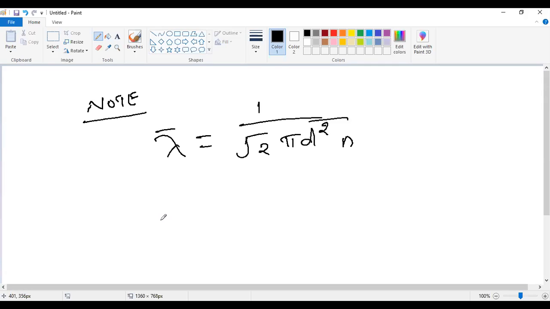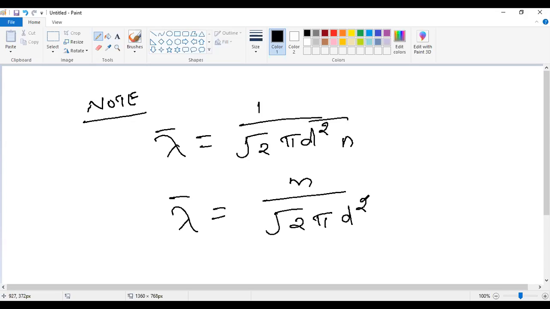And one more formula, related to density: lambda bar equals small m divided by root 2 pi d square rho. Kindly note these two formulas.